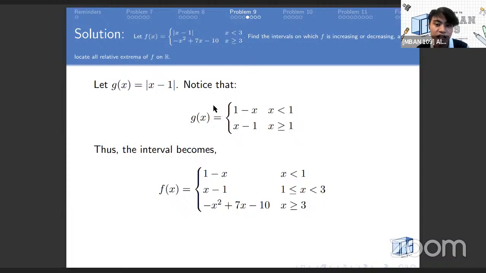Tapos negative naman siya kapag less than 1 siya. Thus the function becomes f of x is equal to 1 minus x if x is less than 1, x minus 1 kapag naman x is less than 3 but greater than 1, I mean. Equal naman siya sa negative x squared plus 7x minus 10 if x is greater than or equal to 3.